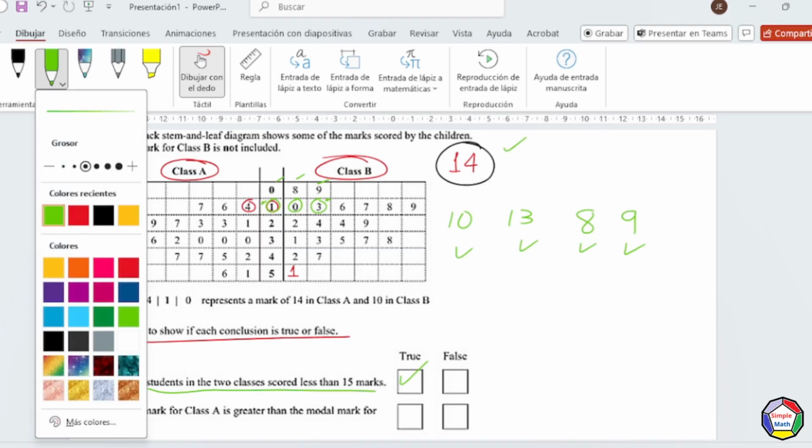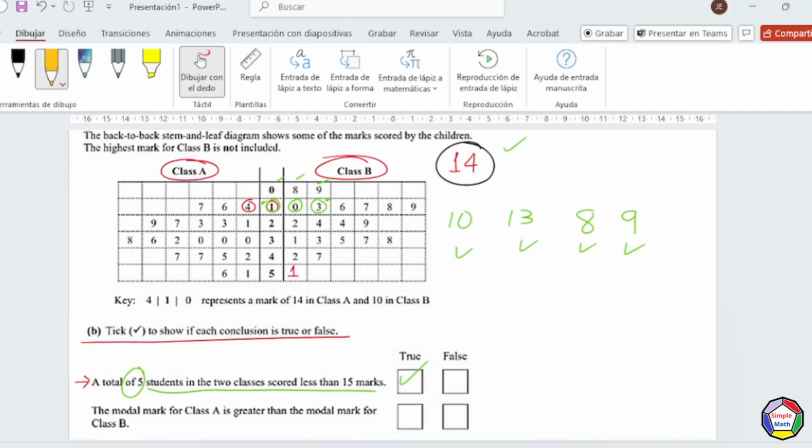Then I'm going to solve the next question that says, the modal mark for class A is greater than the modal mark for class B. Modal mark means the mode, which is the most repeated number. So let's analyze the chart. The number 23, for example, is repeated twice in class A. The number 30 is repeated 3 times.